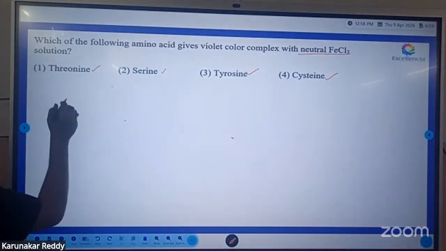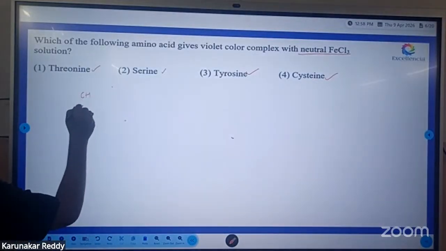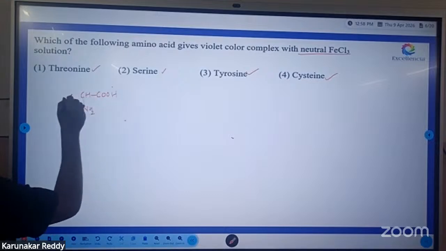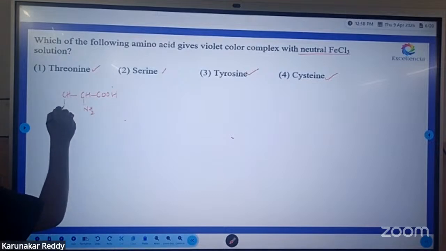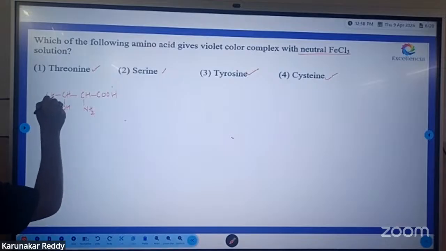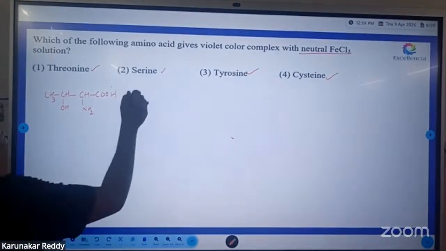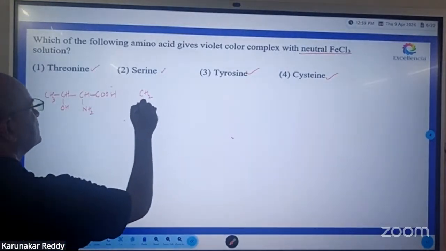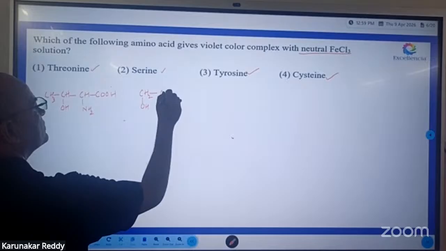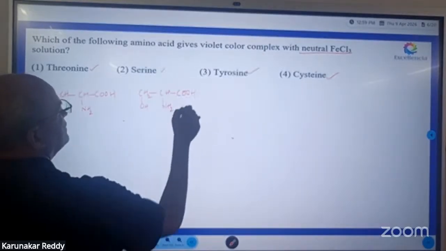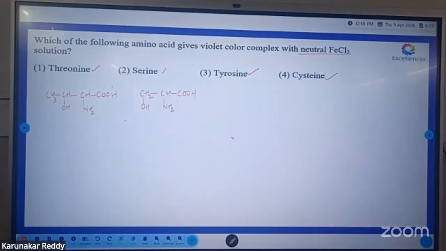So threonine is an alpha amino acid, I said, with CH COOH, this one CH, OH CH3 is the structure of threonine. Serine is also one more alpha amino acid, having the CH NH2 COOH. Of course, it is again an alpha amino acid.